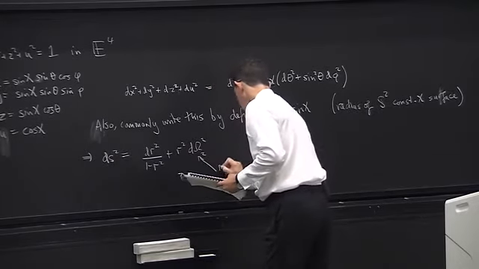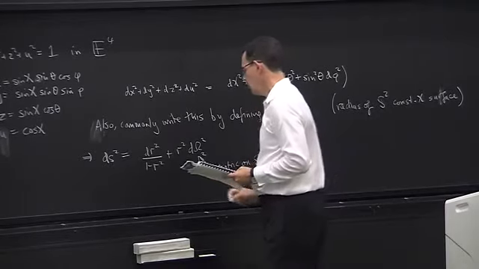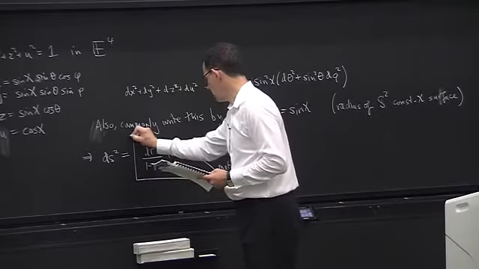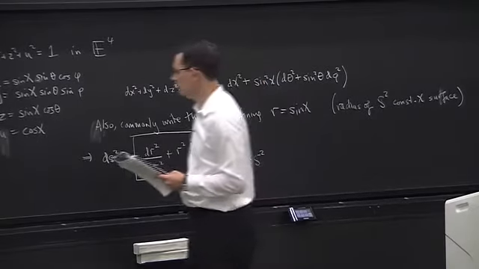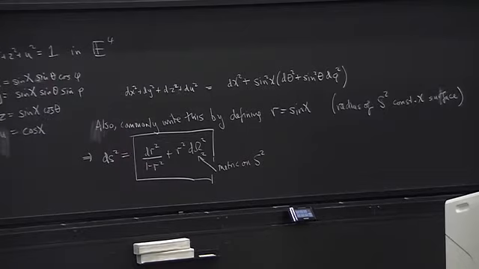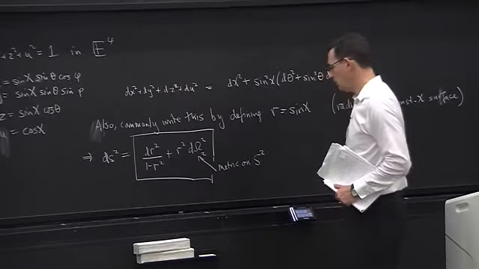This is the metric on S2. Often the metric on a sphere is written like this, and this is what you'll see.